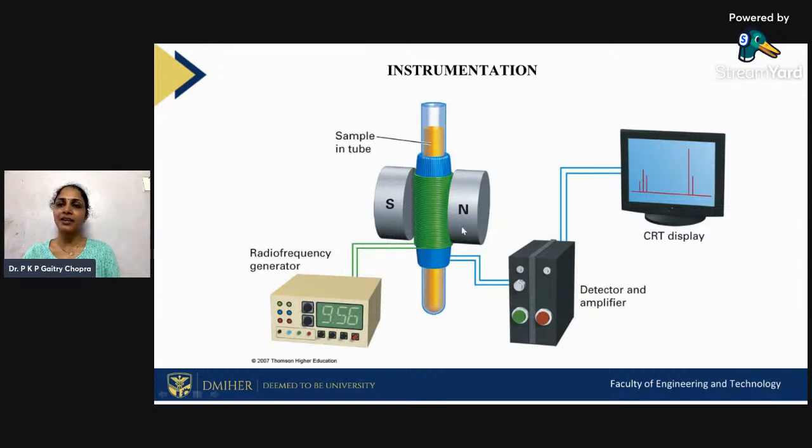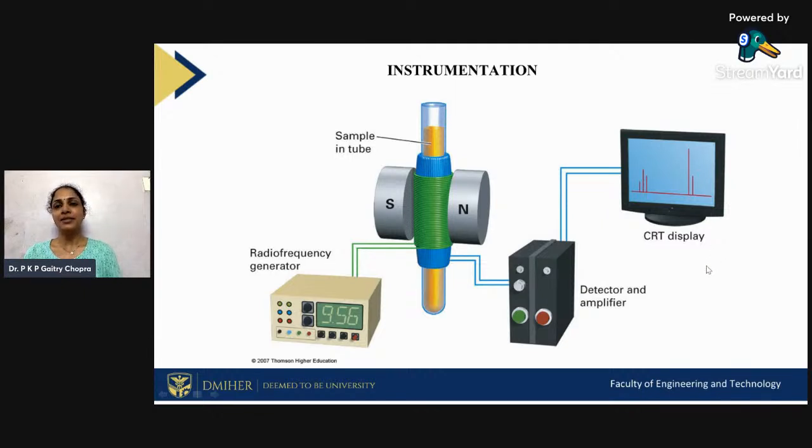That means the external magnetic field is given by the poles of a magnet. This in turn is connected to a detector and an amplifier, which gets connected to the display. It could be a CRO or a CRT display. So this is a simple representation of the instrumentation of the NMR spectrophotometer.